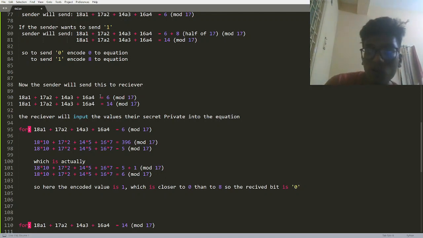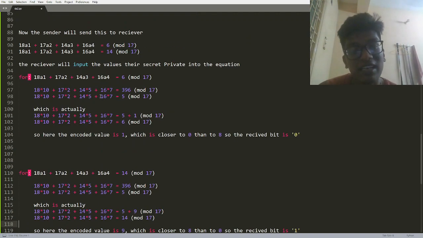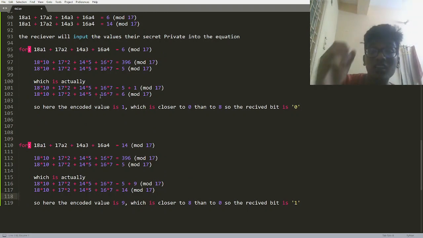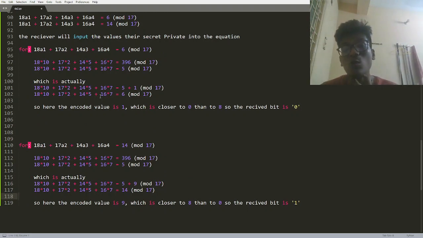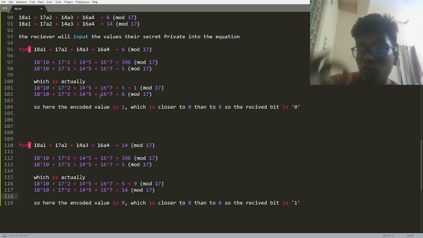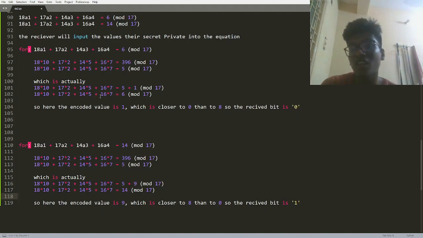So naturally only me as the receiver with the private key will be able to find the actual solution, and with that solution and the received value, I can identify whether he is sending me 0 or 1. So this is how learning with error works. Because of this induced error in our public keys, it will be very difficult for some intruder to find out what the actual private keys are.